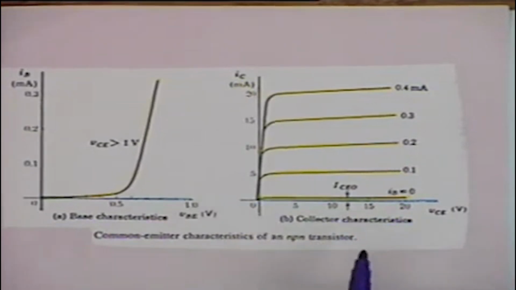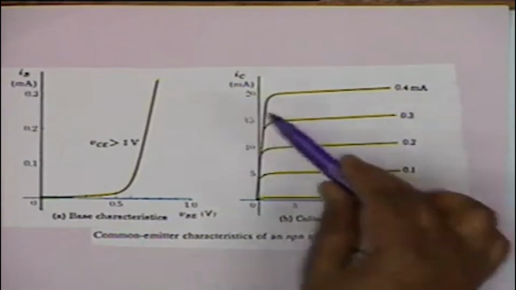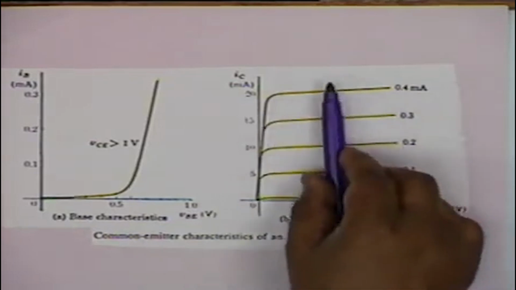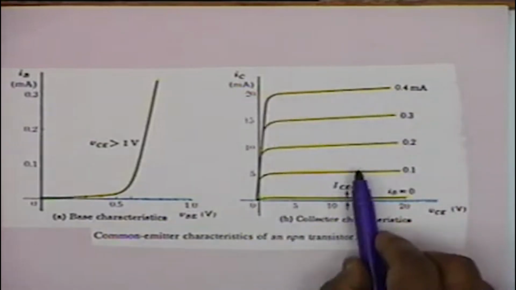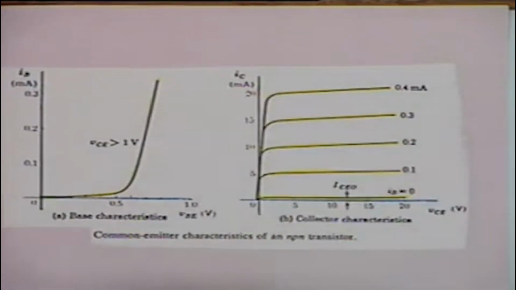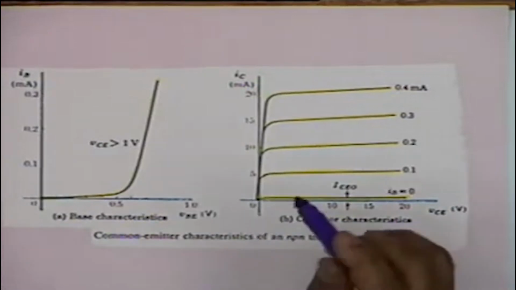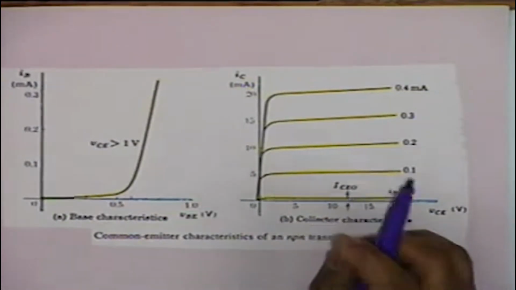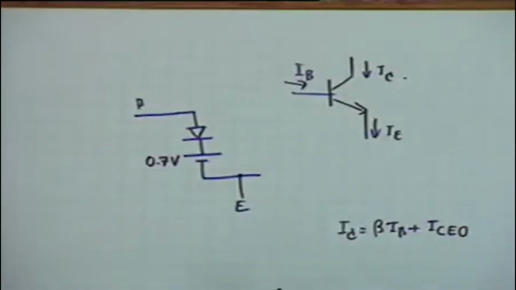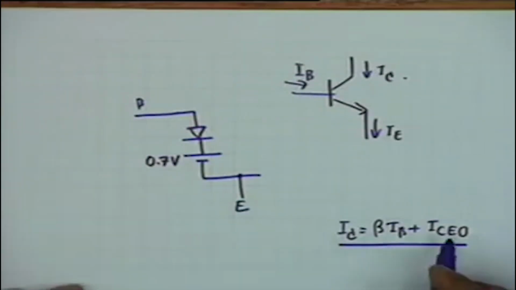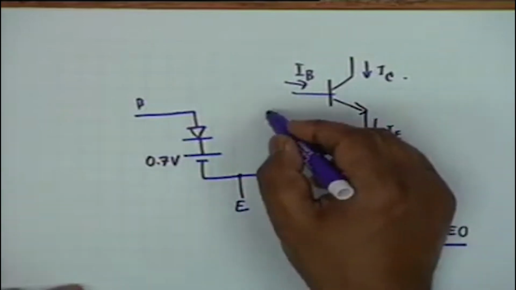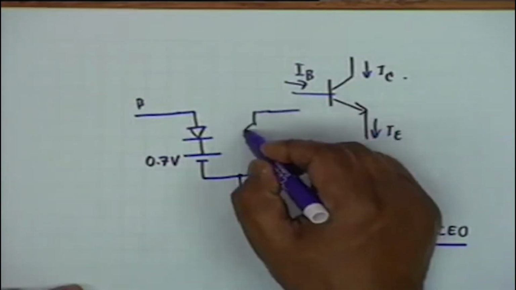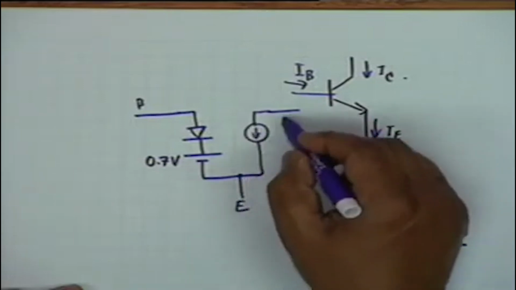As far as amplification is concerned, we are concerned with the part of the characteristic where equal increments of IB lead to equal increments of I sub C. This is the region which we are interested in for amplification. Now, this characteristic I sub C equal to beta IB plus ICEO can be represented by simply two current generators.